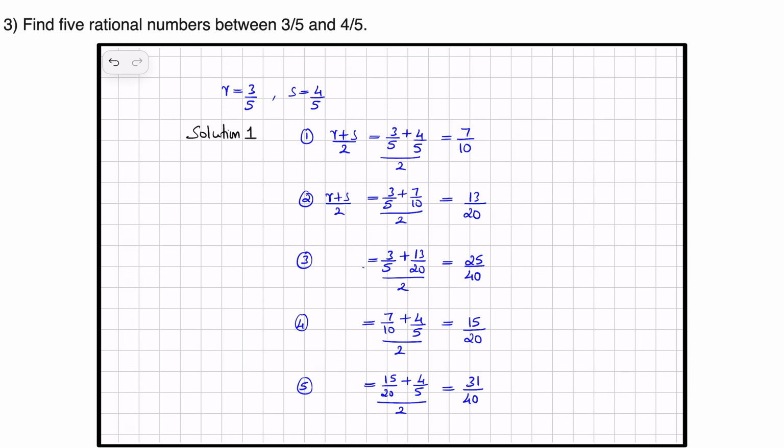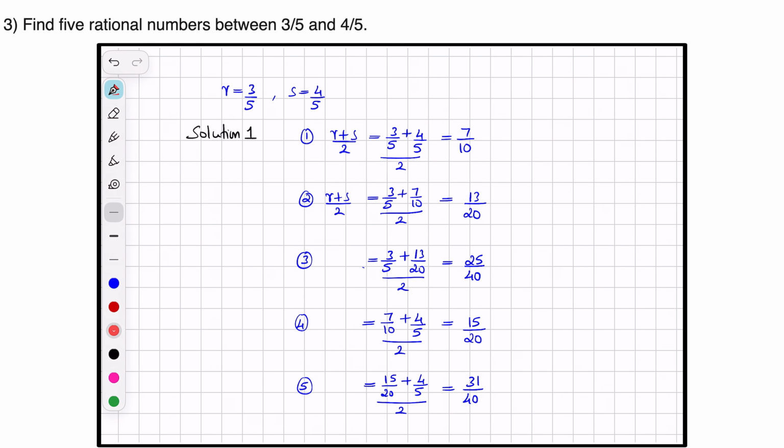Finding the first rational number will be easy because we have both r and s as simple numbers, but in the next steps of calculating the additional rational numbers, we have to be careful with the choice of r and s. It is wiser to go with a simpler r or simpler s as much as possible, because smaller r and smaller s means we will have multiplication using simpler numbers, not big numbers.